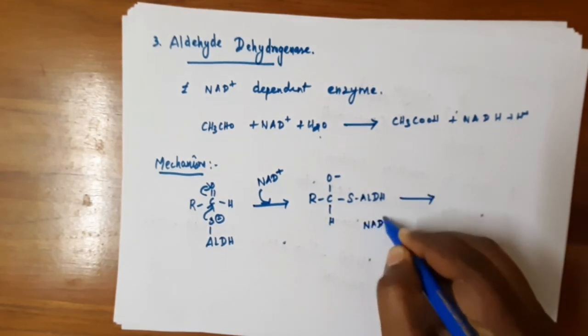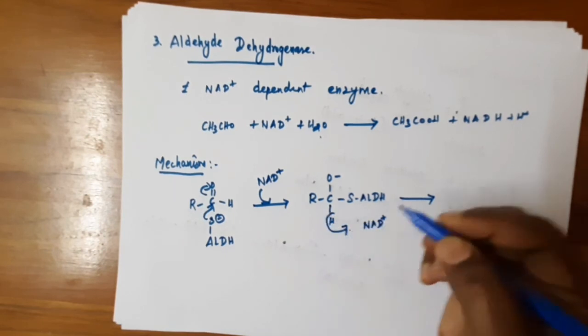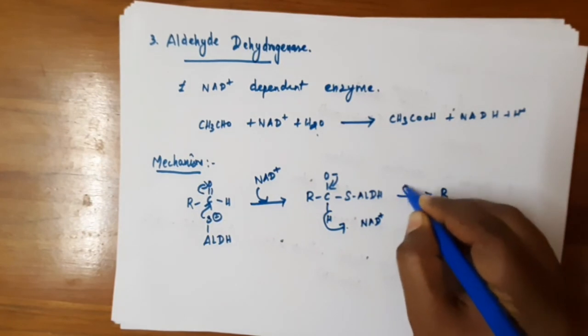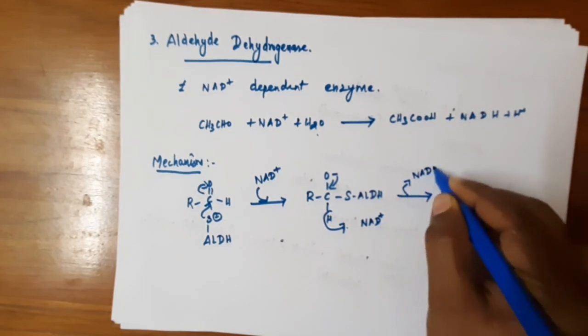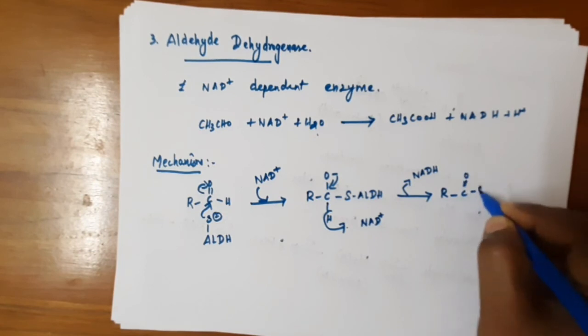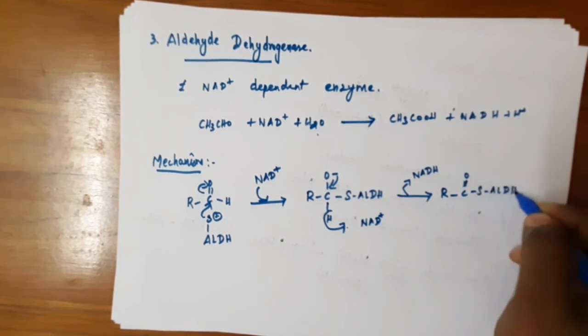NAD plus takes up the hydrogen and goes off as NADH.